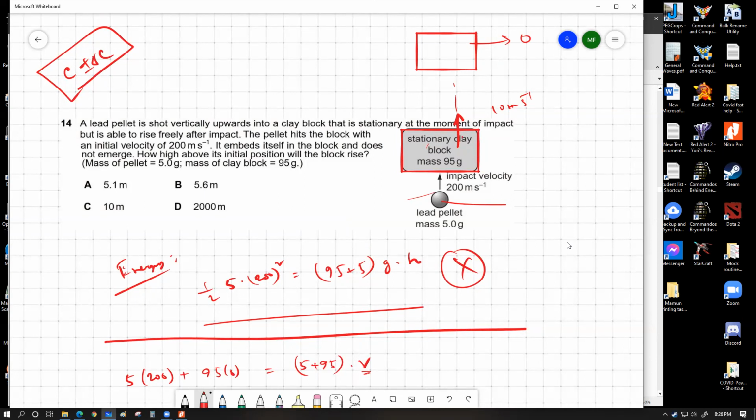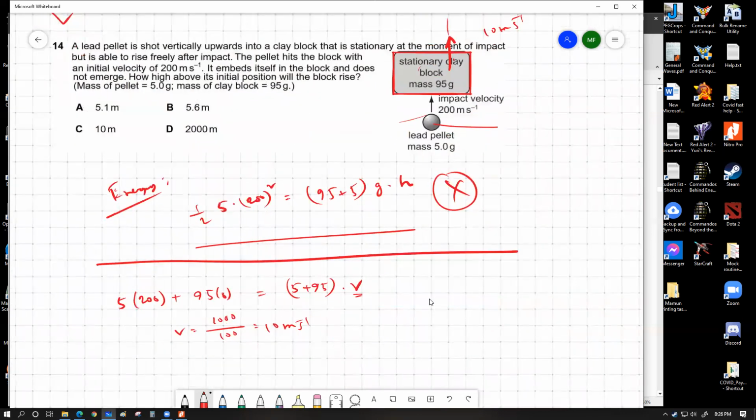What you need to understand is that the combined final velocity after the collision would be the initial velocity of the rise. Let's say this again: combined final velocity after the collision will be the initial velocity of the rise. So this 10 meters per second that we just calculated should be the initial velocity of rise.